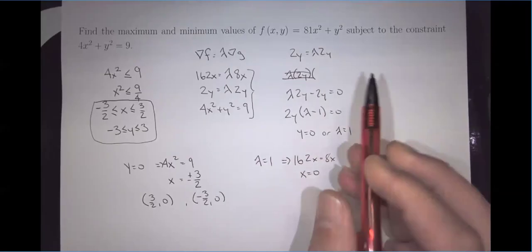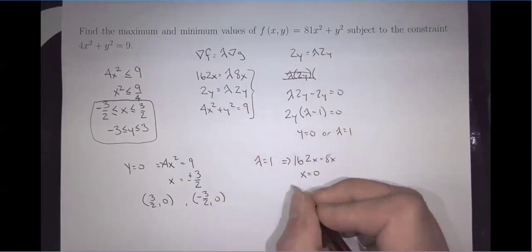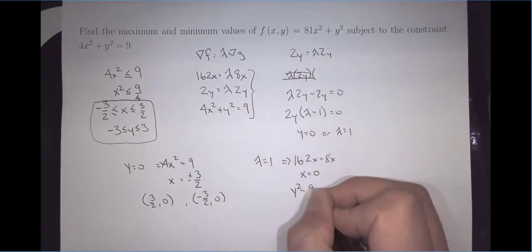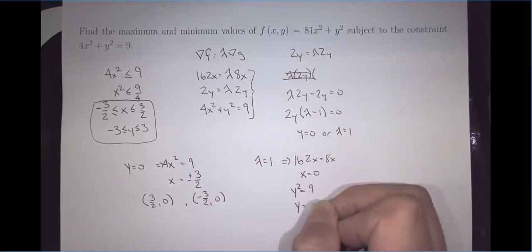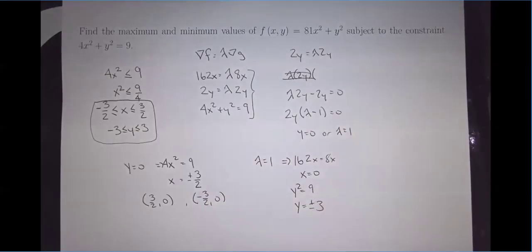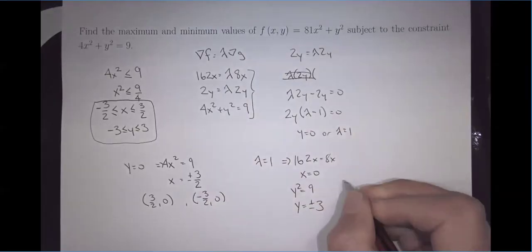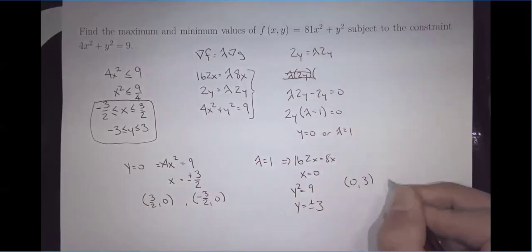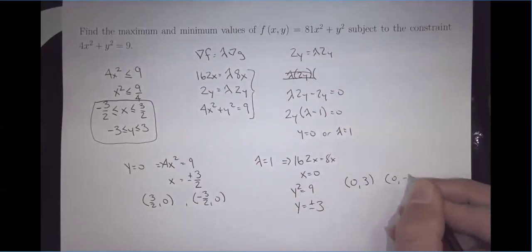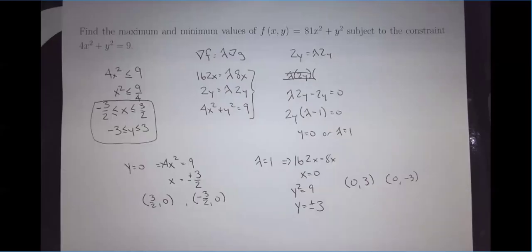And if x is equal to 0, in order to satisfy the last equation, y squared has to equal 9, which means y is plus or minus 3. So the possible solutions we get here are 0, 3, and 0, negative 3. So there are only 4 possibilities.